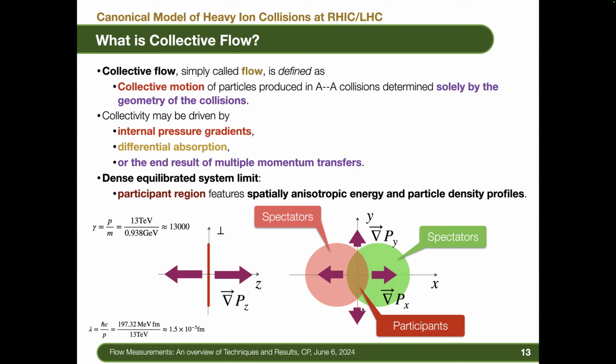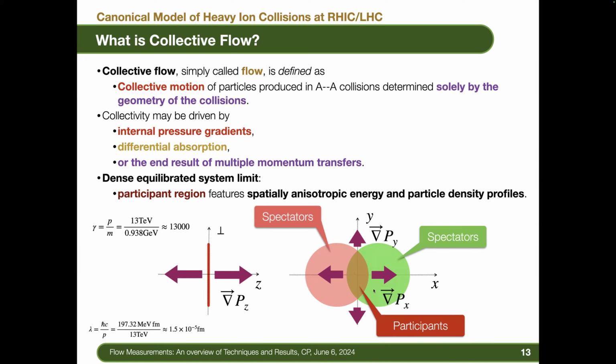But until the first days of RHIC and the first days of LHC measurements, it wasn't clear whether this limit was actually achieved, and there is good indication that it is in lead at LHC in AA, or gold, I should say, at RHIC.